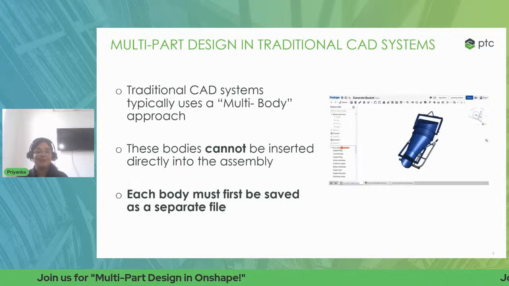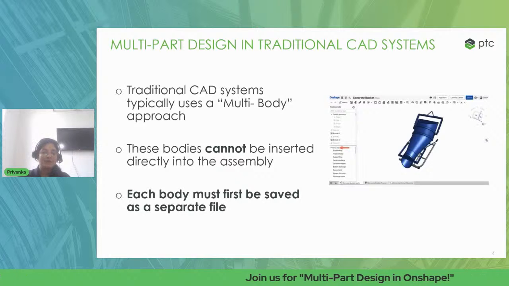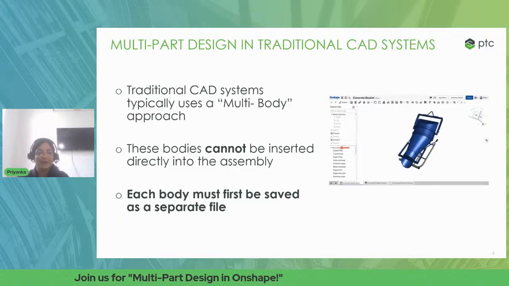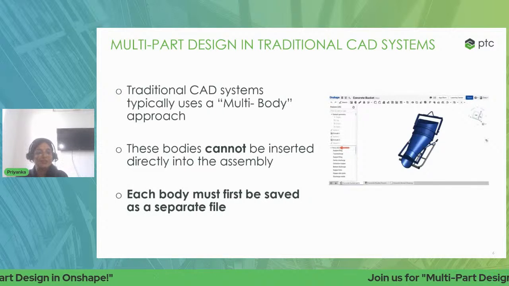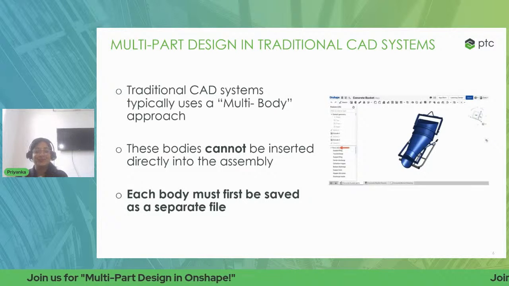parts. So if you want to insert any part into an assembly, let's take an example of a nut and bolts, and I want to insert them in a concrete bucket. To accomplish this process, I will have to export all the bodies in that part file and make them into individual files.